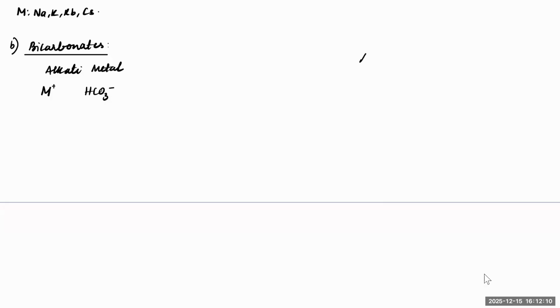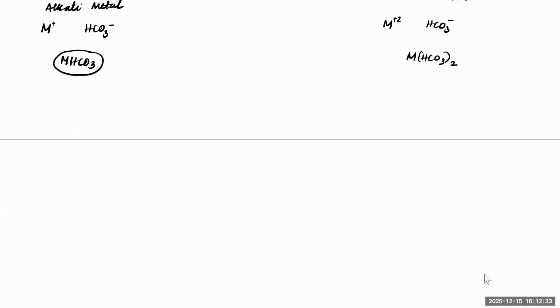And alkaline earth metals showing bicarbonate means M2+ and HCO3−. The compound which will form here is MHCO3, and here what it forms is M(HCO3)2. Correct.